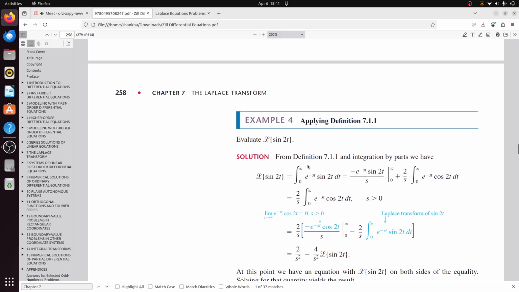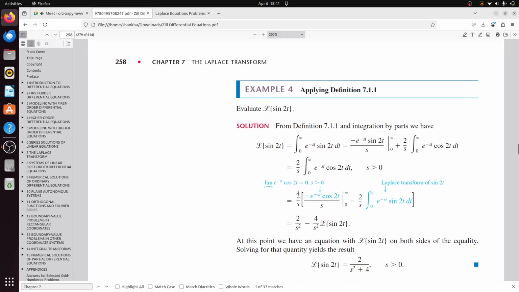Next, Laplace transformation of sin 2t. When I was in my masters and learned these concepts, I used to fumble in these things. Laplace transformation of sin mt will be m by s square plus m square, and Laplace transformation of cos mt will be s by s square plus m square.